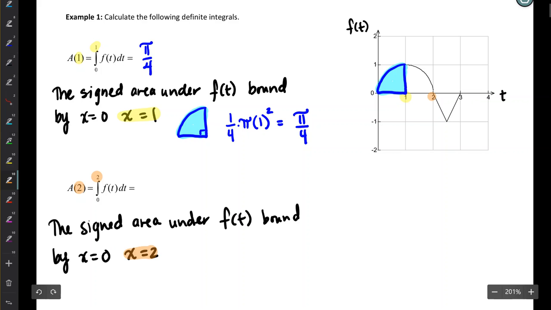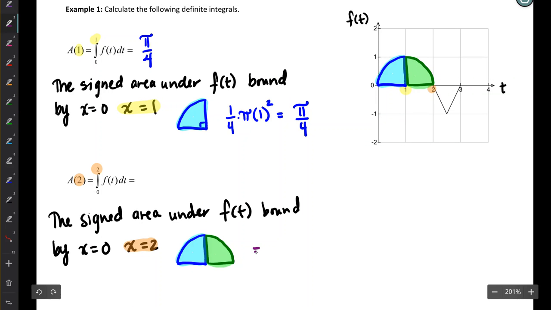And so that is the blue area that we already found plus this green area, which is just the area of this half circle. One half, because it's half a circle, pi radius squared. Again, the radius here is 1. So this is equal to half of pi, or pi over 2.